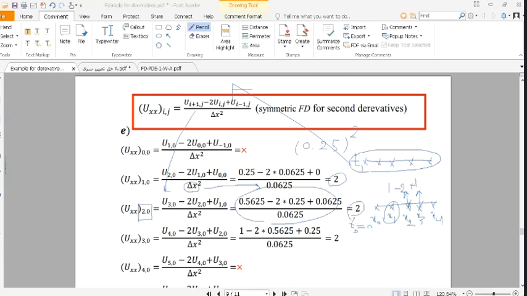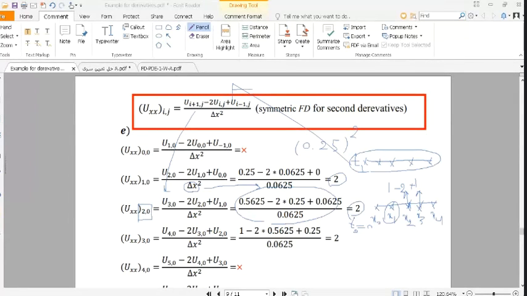The second subscript is constant and is 1 because we are at the second row, and in the second row the index of t is constant and is 1. You should write u1 and 1 minus 2 u0 and 1 plus u minus 1 and 1, not u0 and minus 1. Do you understand?